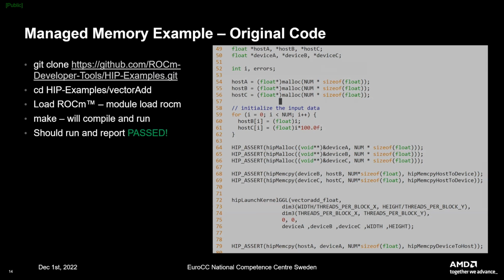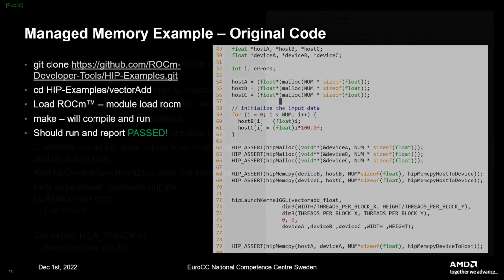And there's a vector add that we show over here on the right. It's fairly typical HIP code. You're going to malloc the memory, initialize the memory, malloc it on the device, then copy it from the host to the device and launch the kernel. So that's the original code from the vector add example that we borrowed from the HIP examples.